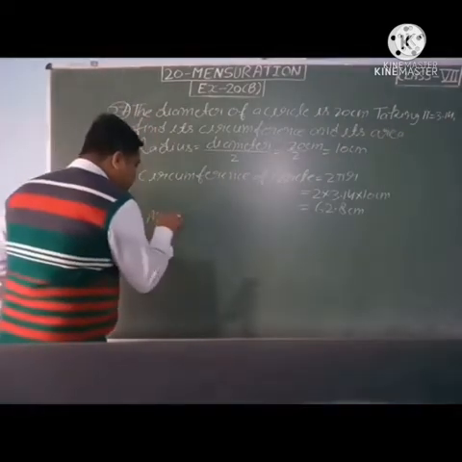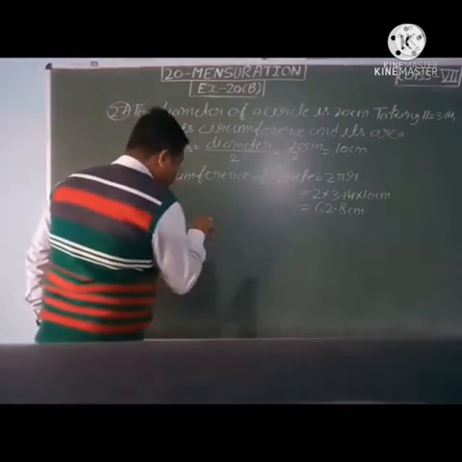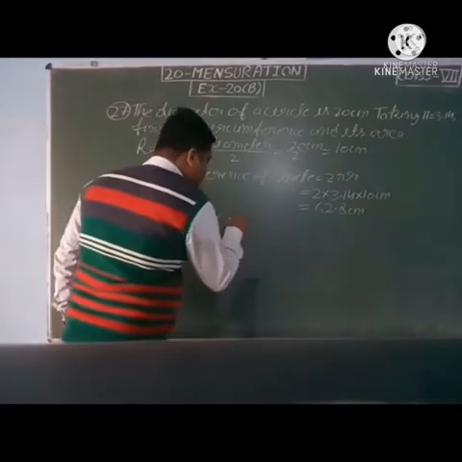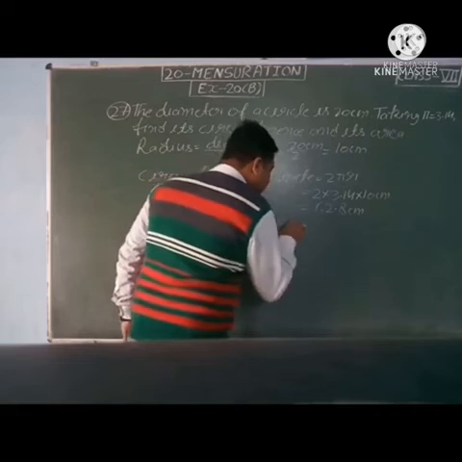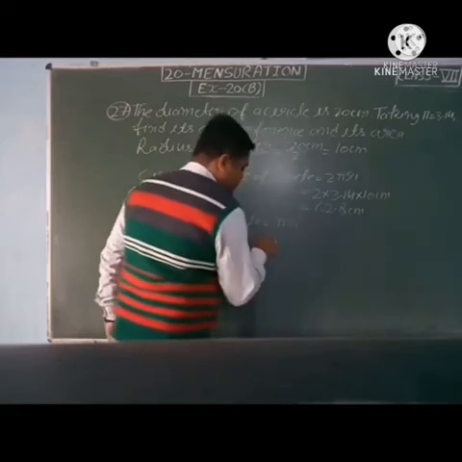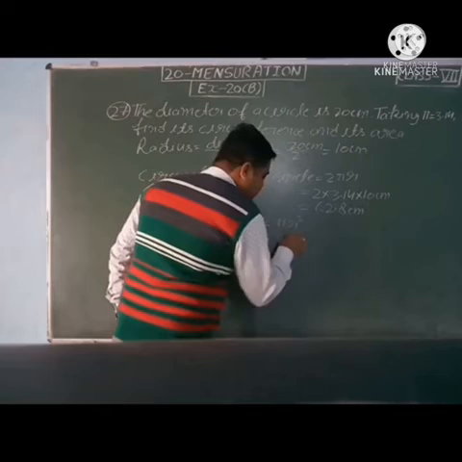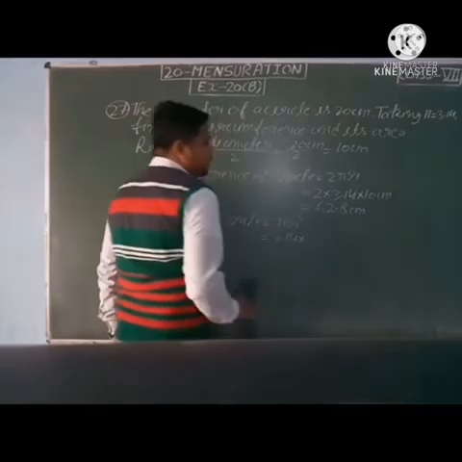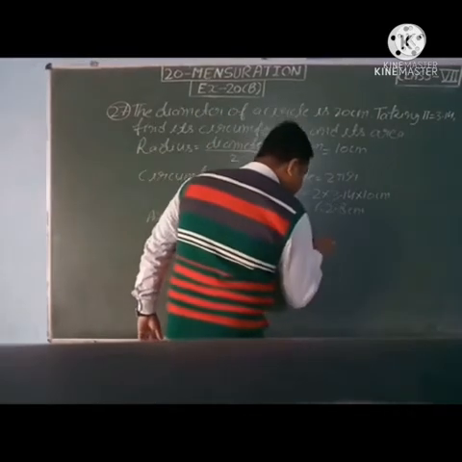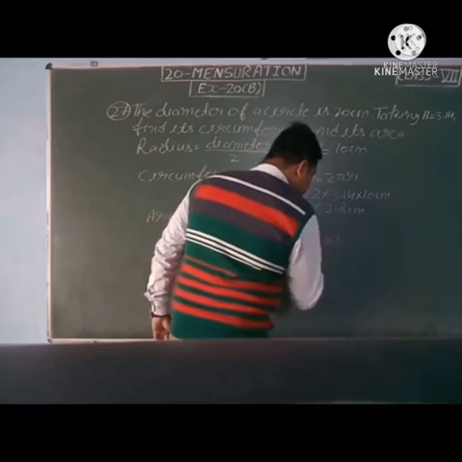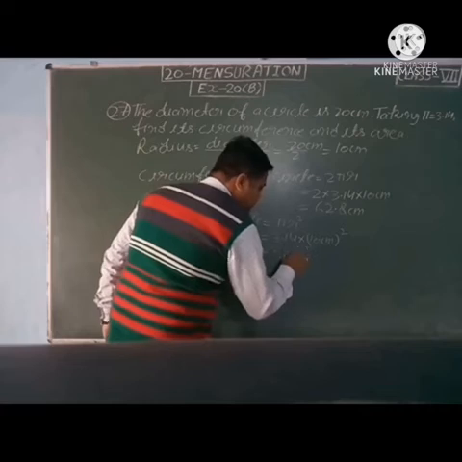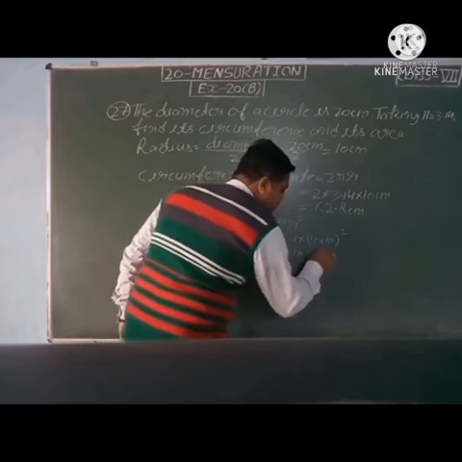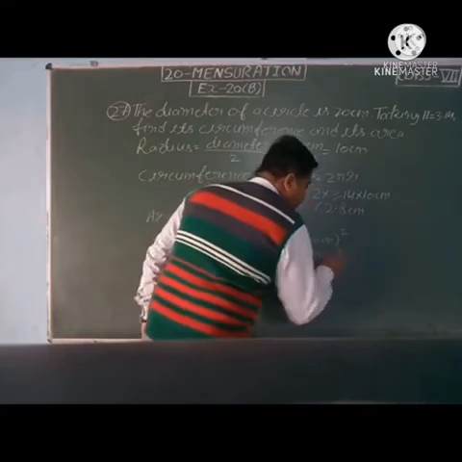Now we have to find the area of circle. So area of circle is equal to, formula is pi r square. So 3.14 multiply square of radius 10 centimeter square. So is equal to 3.14 multiply 100 centimeter square.